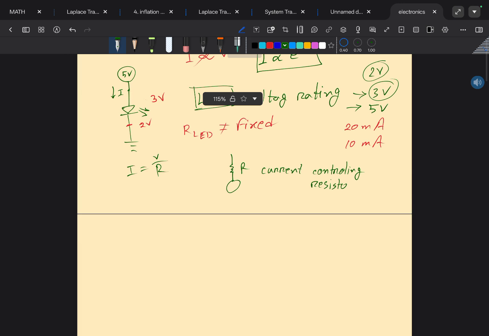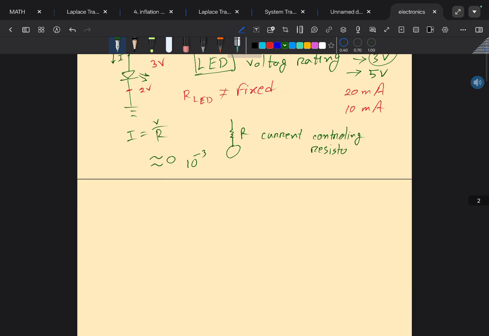Typically the resistance of an LED is near zero. It is very small, in the range of 10 to the power minus 3, most probably. So to control this, we connect a resistor in series with the LED.